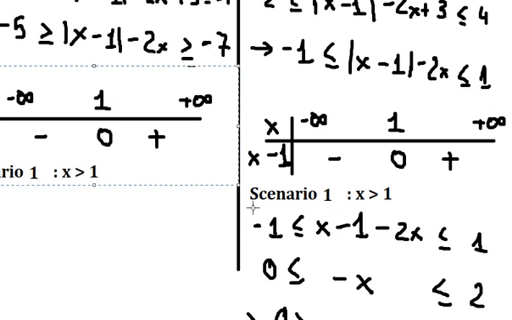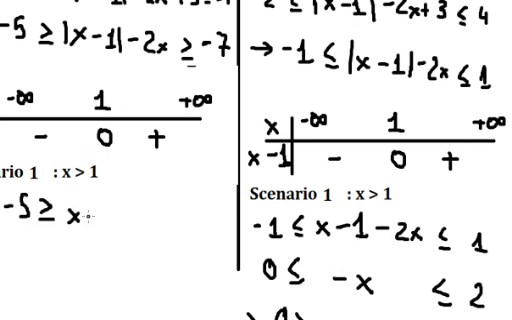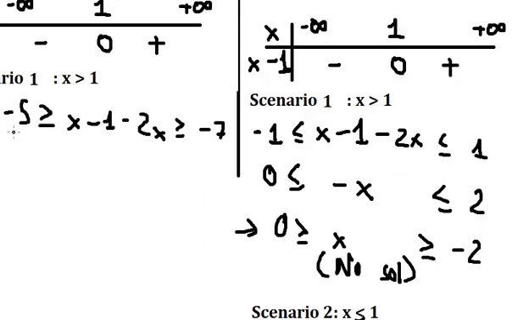In this one in here, for the first scenario, that is s is greater than number 1, so we cancel the absolute value. So we put negative number 1 go to the left, go to the right, so we have negative number 4.